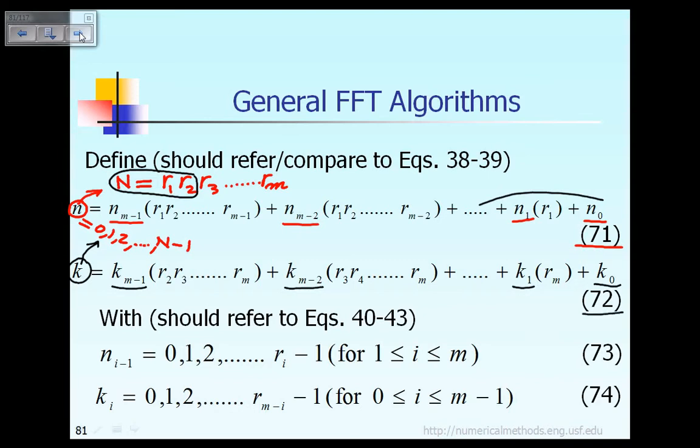Now, in equation 71 and equation 72, keep in mind that they also involve parameters like R1, R2 up to Rm minus 1 or R2, R3 up to Rm, depending on whether you make use of equation 71 or 72.